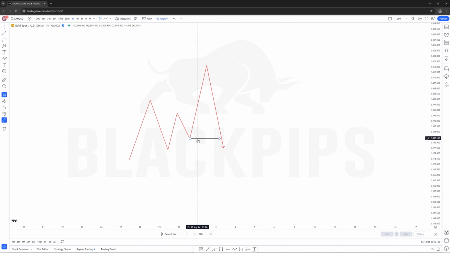But this transition is the minor transition. But this one is the major transition.